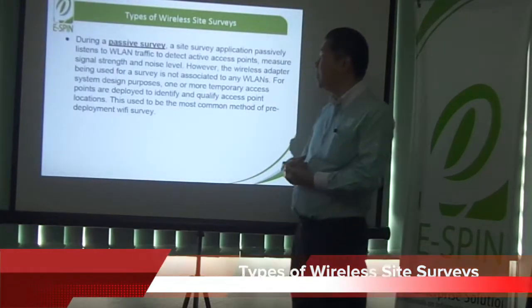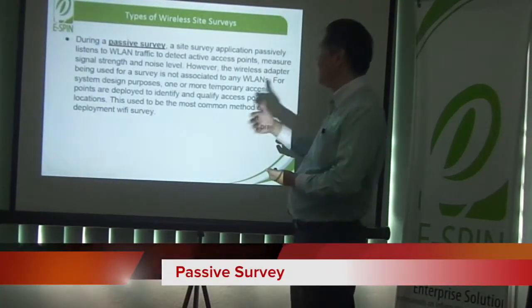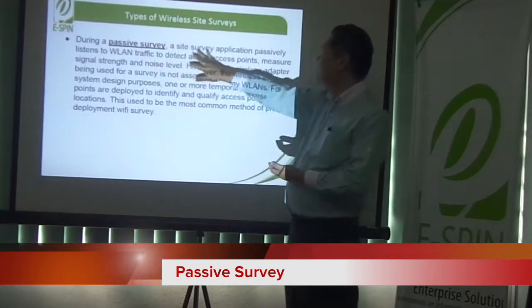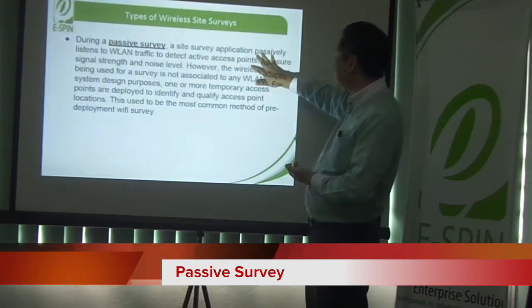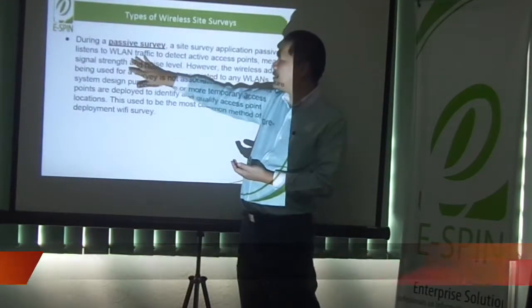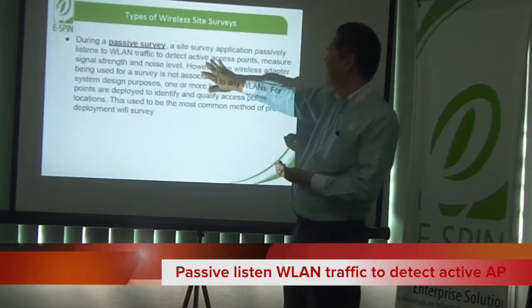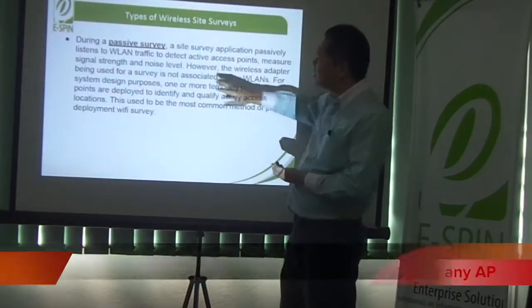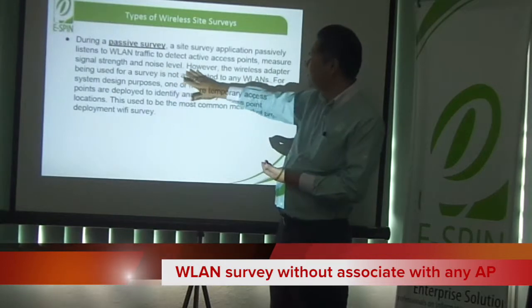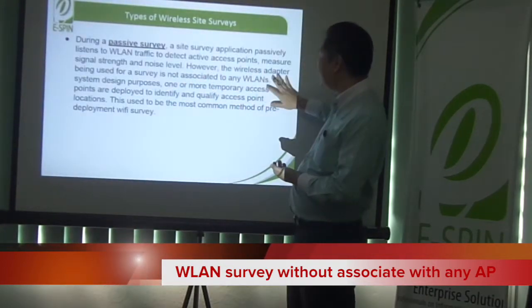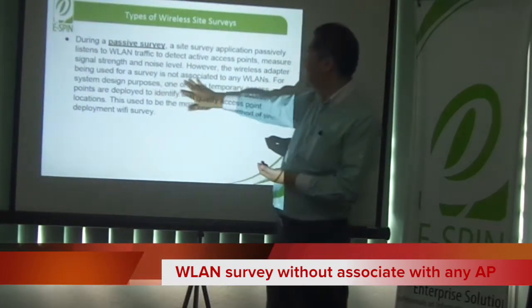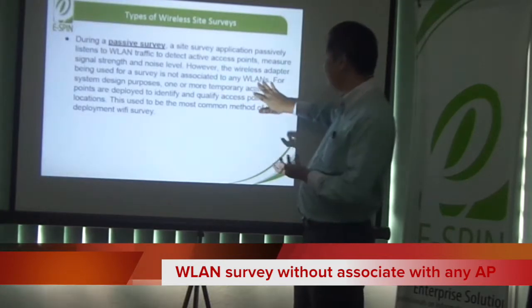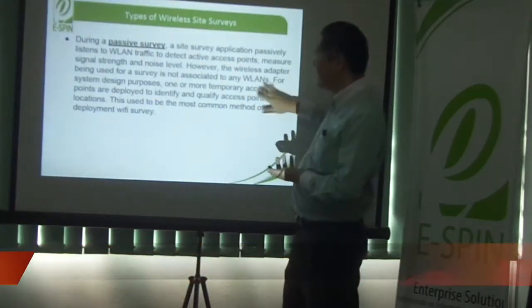Here are a few types of wireless site survey that can be done depending on your scenario. Now I'm starting with the passive site survey first. A passive site survey is one where the application passively listens to your wireless network traffic to detect the active access points, and measures the signal strength and noise level. However, the wireless adapter being used for the survey is not associated with any of your wireless LAN networks.